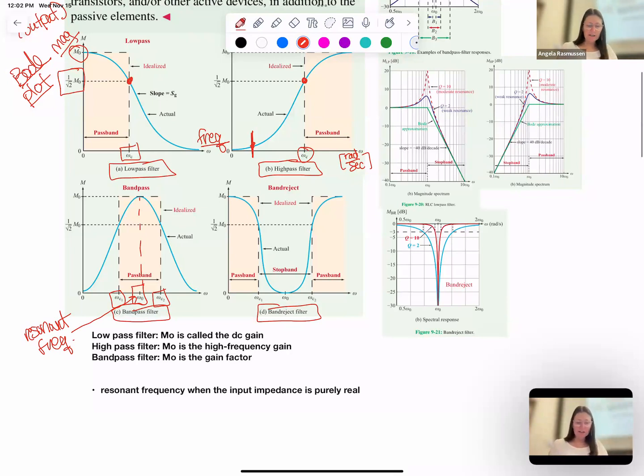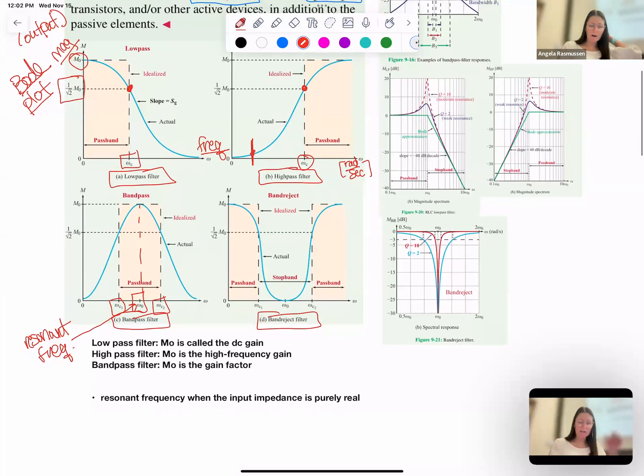Band reject is where it operates before the first frequency and then after the second frequency. So it works up to omega. So this would be considered from 0 to omega C1, and then everything above omega C2.